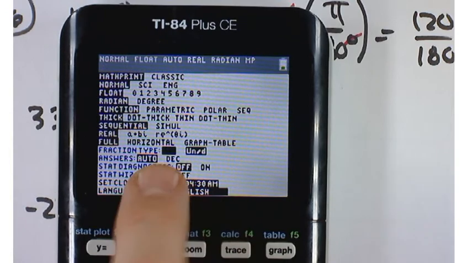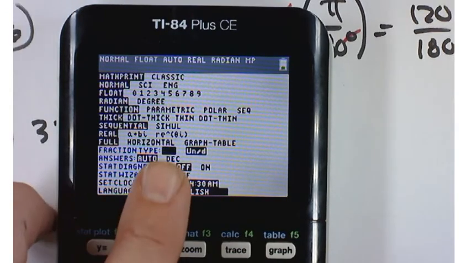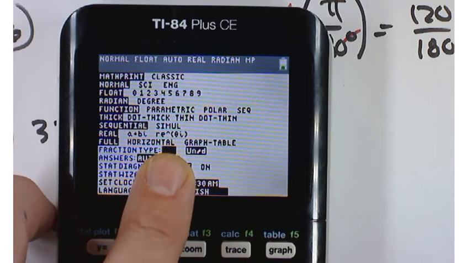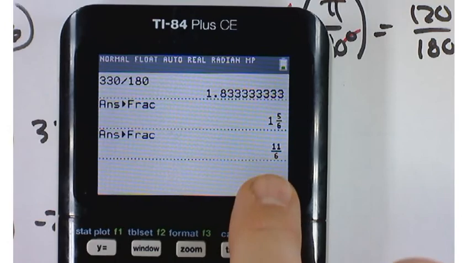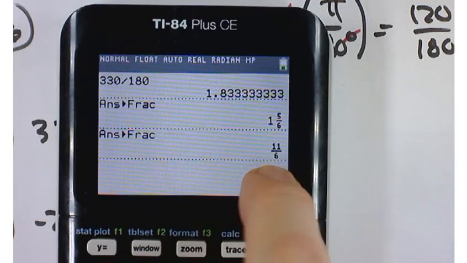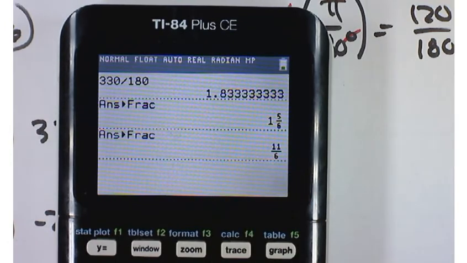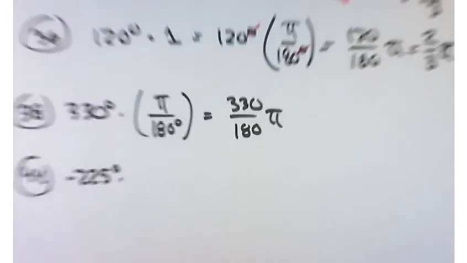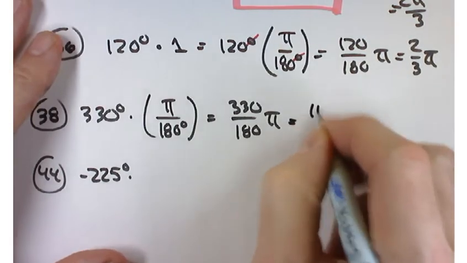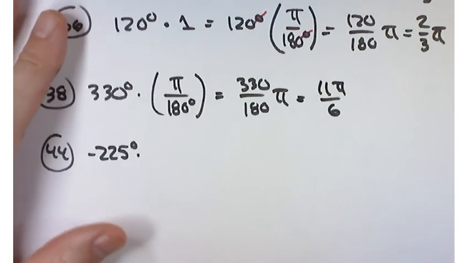Most of you will get a fraction like this. If you have your fraction as just a regular fraction, when you do that, you get 11 over 6. So that's kind of what I was looking for. So 11 pi over 6 for your final answer. Yay.